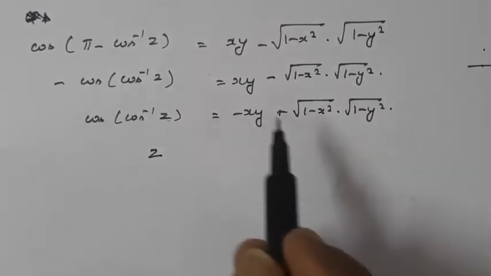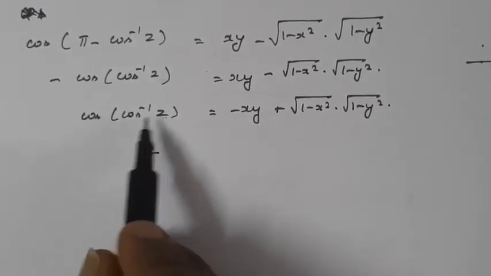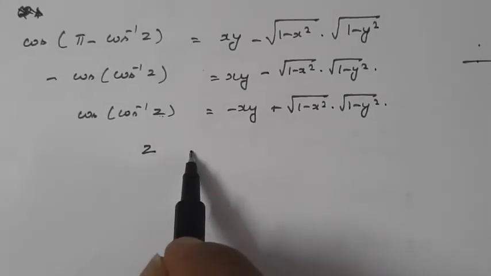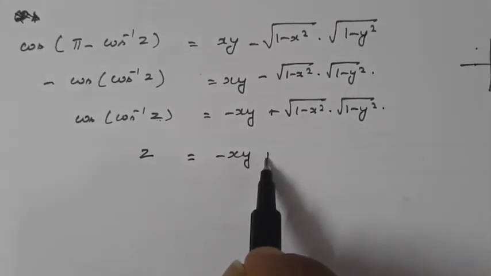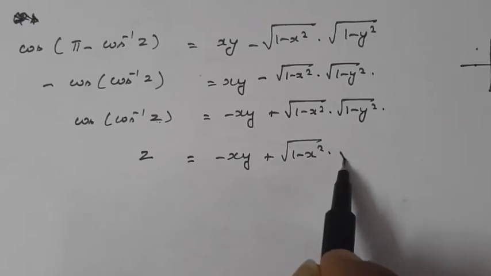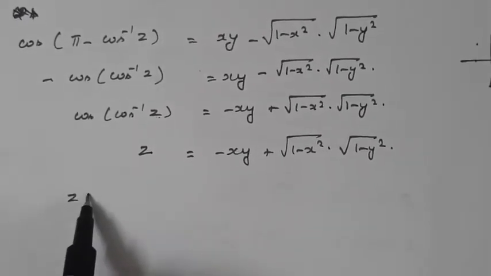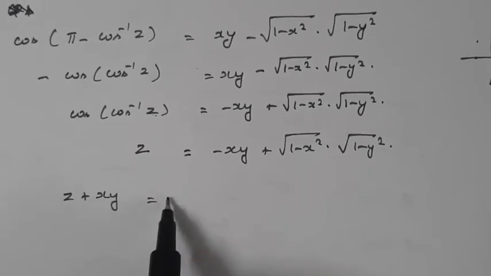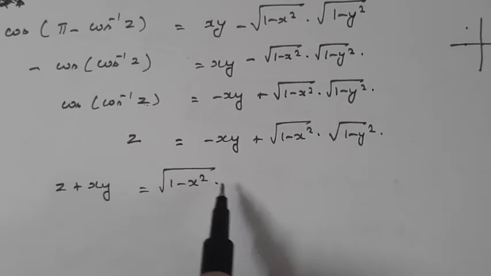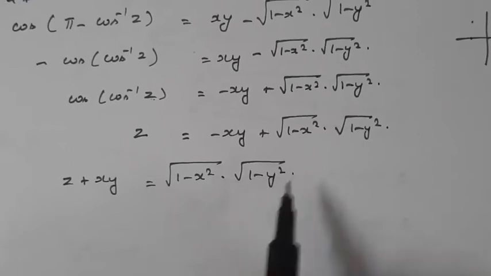As z lies between 0 and 1, we have cos of cos inverse of z is equal to z, and this is equal to minus xy plus root of 1 minus x squared into root of 1 minus y squared. So, moving this xy to the opposite side, we have z plus xy is equal to root of 1 minus x squared into root of 1 minus y squared.